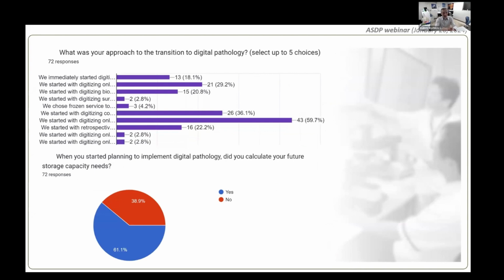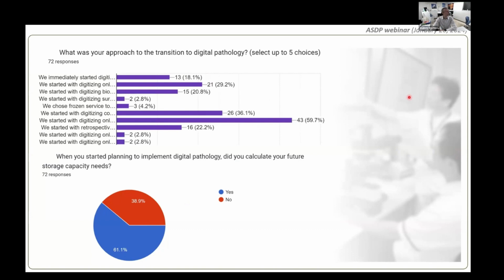Our next question, and I think this is what you were anticipating, was about the preferred approach to the transition to digital pathology. Most started with digitizing only educational cases or cases for tumor boards. Many started with consultation cases. Some chose only one or a few subspecialties and started scanning only biopsies.